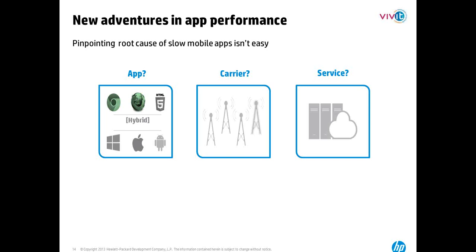In the mobile domain, it becomes even more complex because pinpointing the issue isn't really easy. The service is either hosted in the data centers or in the cloud, being delivered over various carriers running within the country or across the globe, various service providers, whether it's an ISP or a telecom service provider, and being delivered either through browsers to the device or directly as a native application running on those devices.